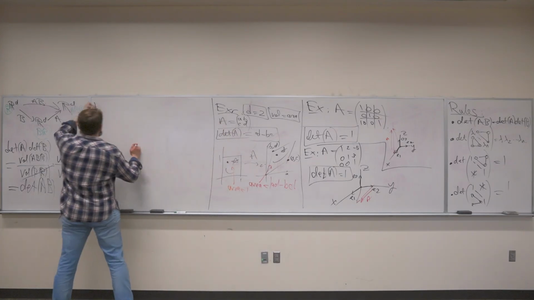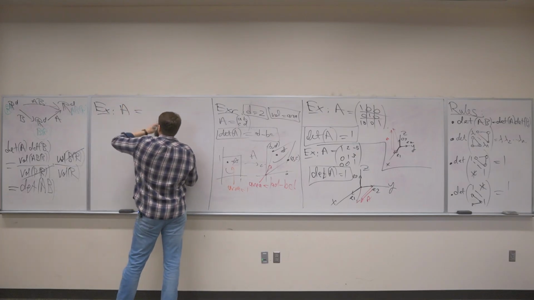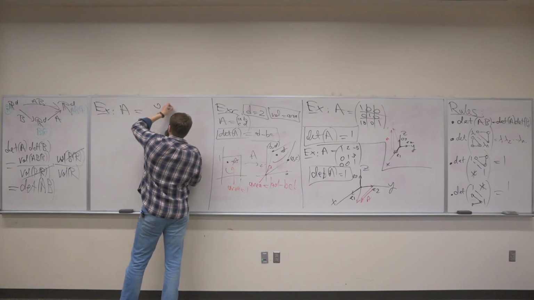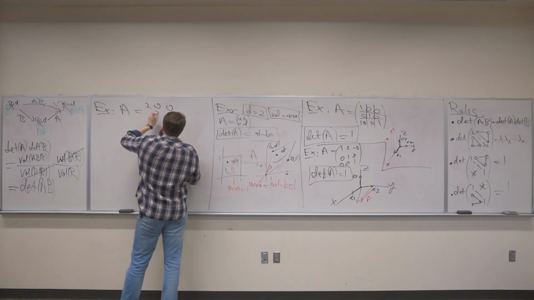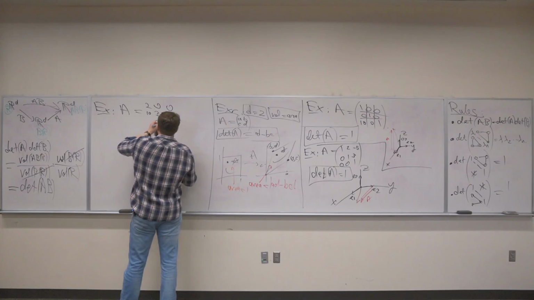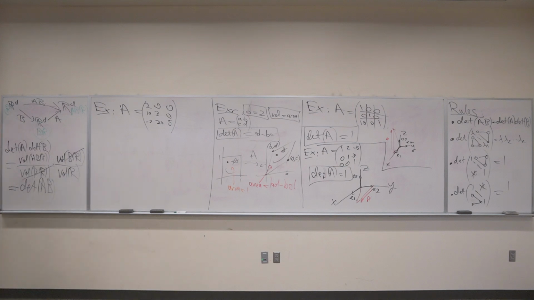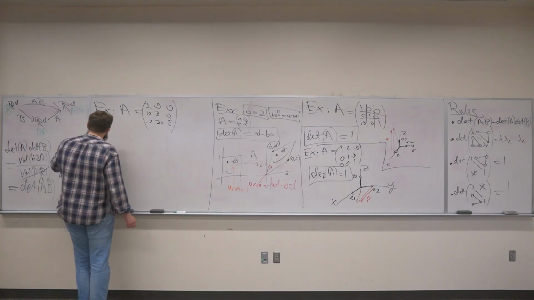So example, say A is 2, 3, 5. I think we had used this before. And then 10, 20, minus 3. Okay? How do I compute the determinant of this?